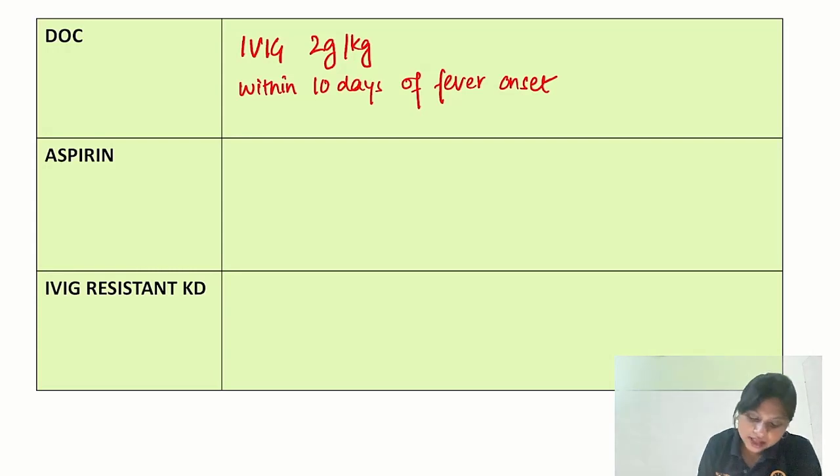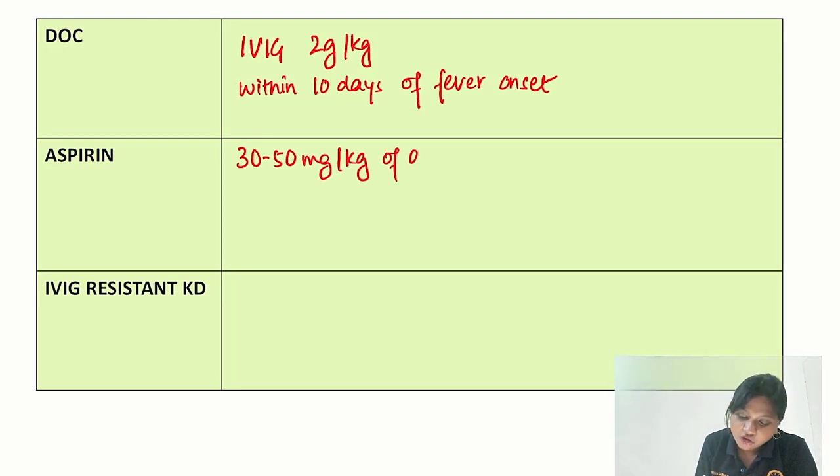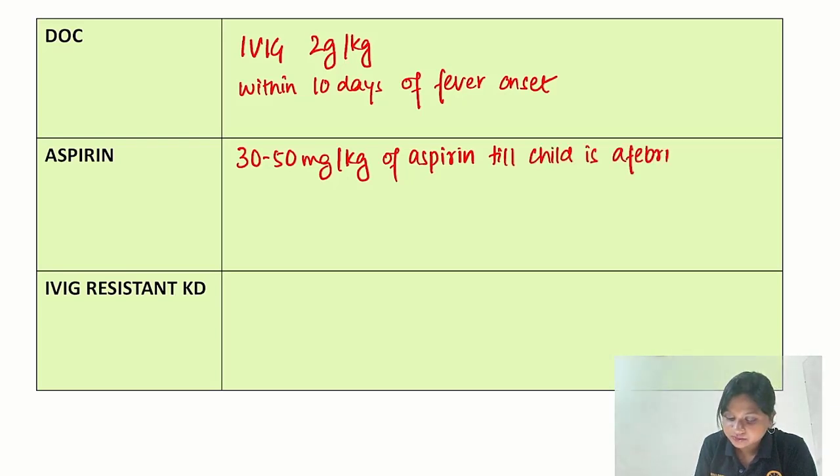Aspirin, salicylates. You give 30 to 50 milligram per kg of aspirin till the child is afebrile for 48 hours.